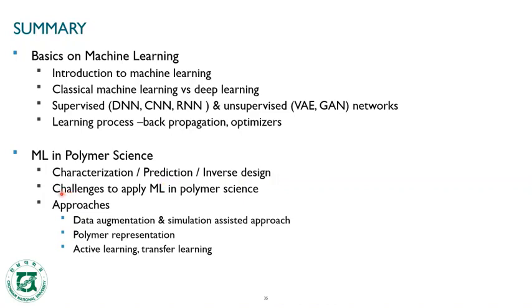Also the challenges in applying machine learning in polymer science were explained, and approaches to resolving these issues using data augmentation or simulation-assisted approaches, finding a better polymer representation, or using different learning techniques such as active and transfer learning were explained in this lecture.